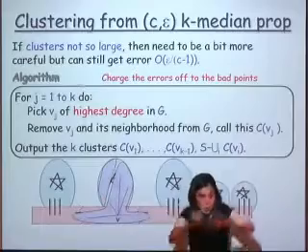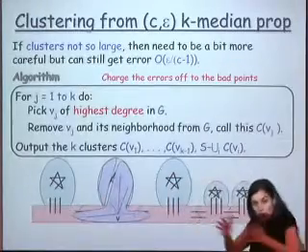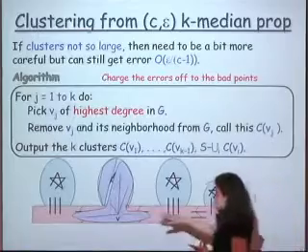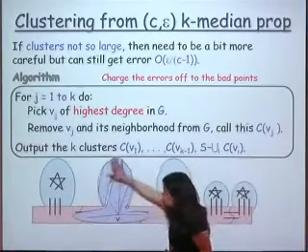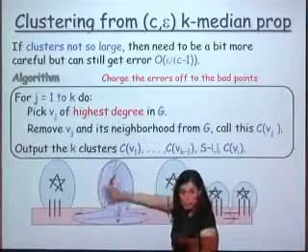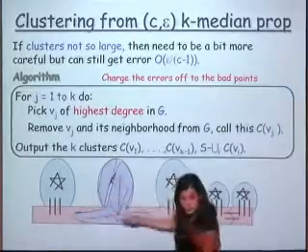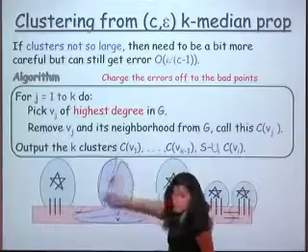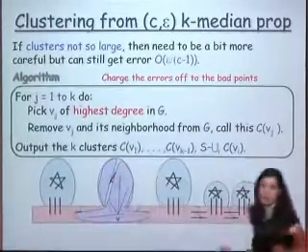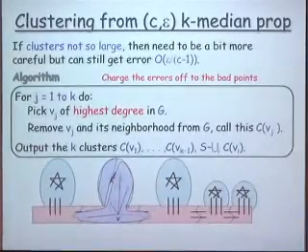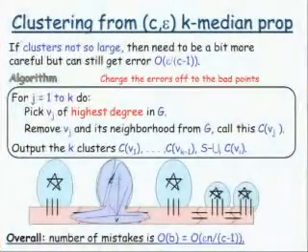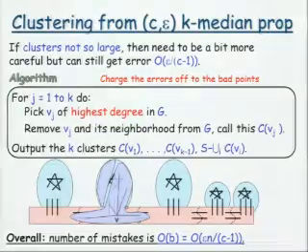But the claim is that overall, if we sum over all target clusters, we're not going to miss too many good points, because since we're greedy here, if we missed Ri good points here, we must have pulled out at least as many bad points. And so that means that we can always charge off such errors to the bad points. And so overall we get a clustering of low error.